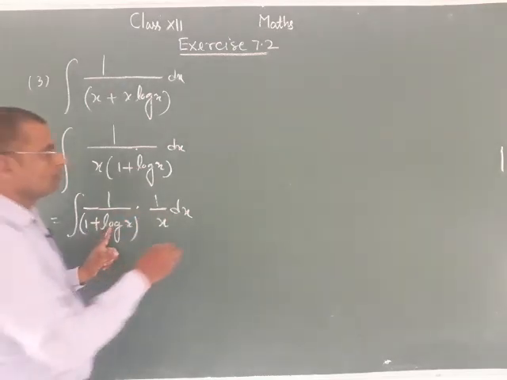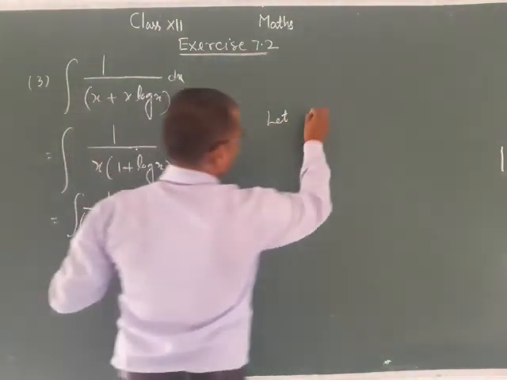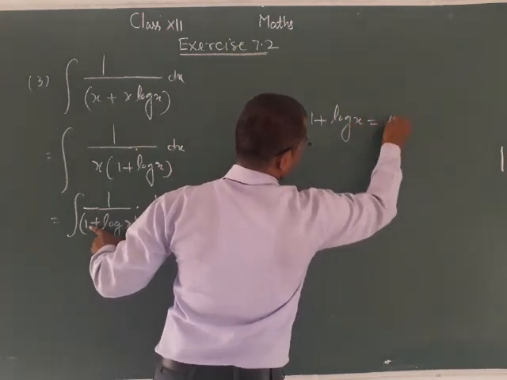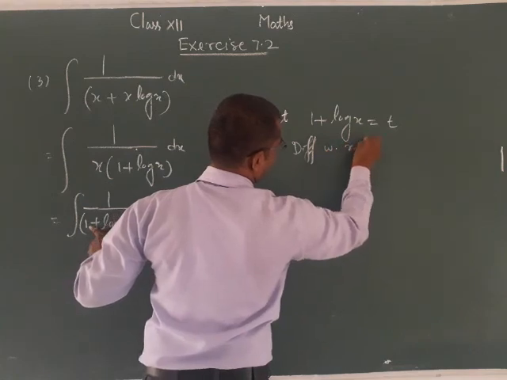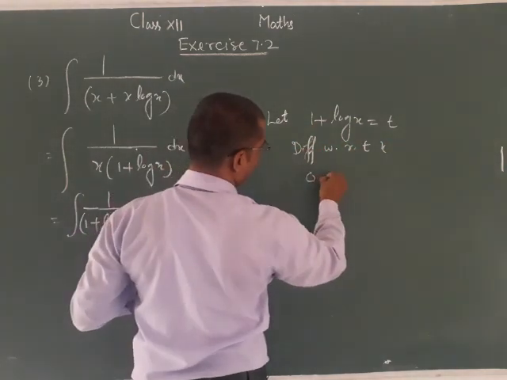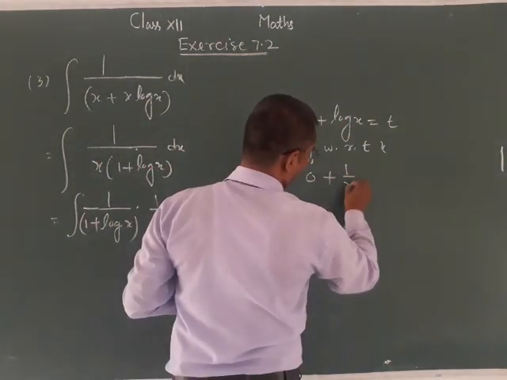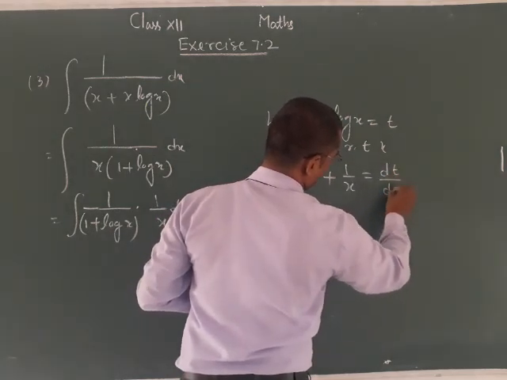Let 1 plus log x be equal to t. Differentiate with respect to x: the derivative of 1 is 0 plus the derivative of log x, 1 upon x, is equal to dt upon dx.